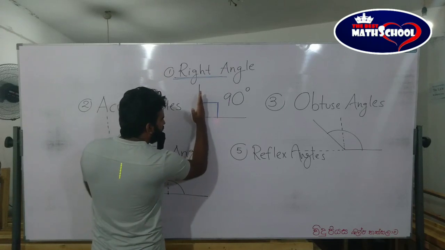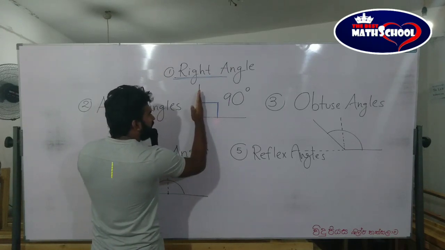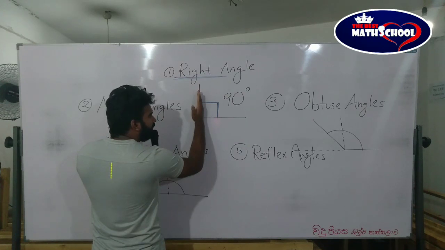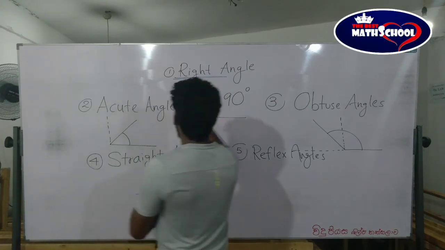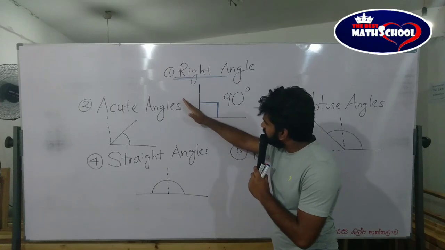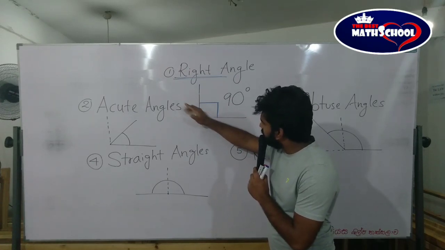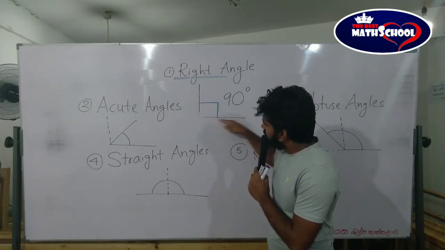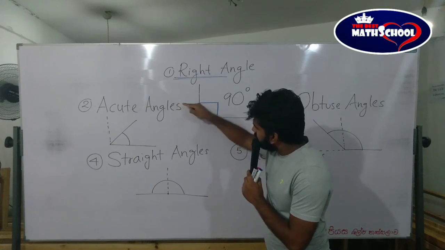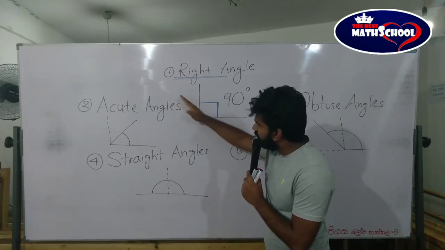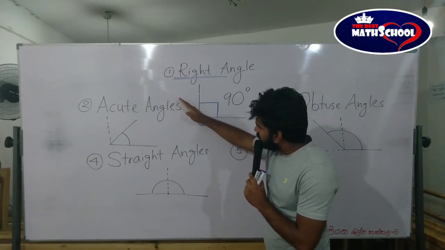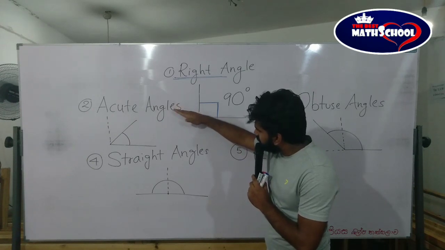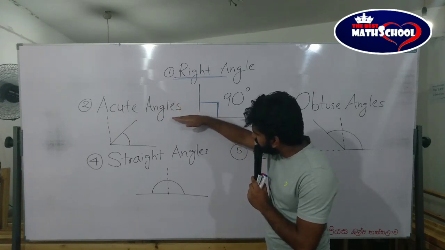And when it comes to this level, the magnitude will be 90. So the angle will be a right angle. When I'm moving like this, the angle between this line and my hand will be an obtuse angle.